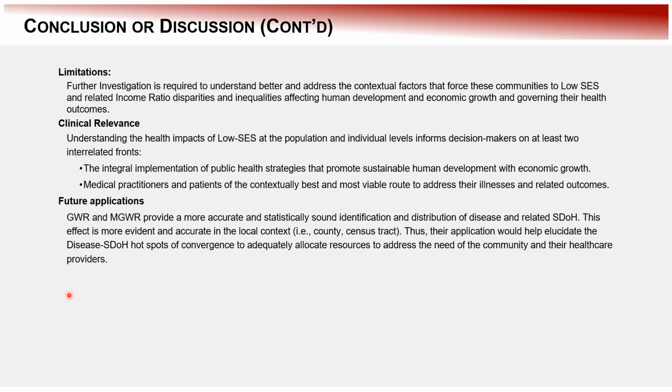Thus, their application will help elucidate the relationship in hotspots of disease and social determinants of health inequalities, converging in a single area to adequately plan and allocate resources to address the needs of those communities and their related healthcare providers.